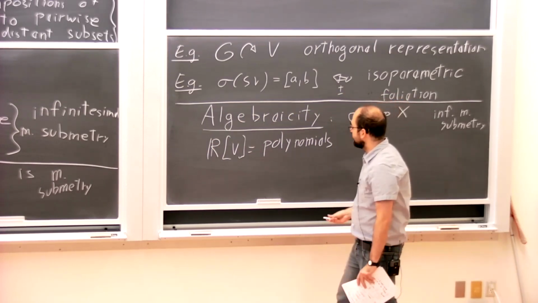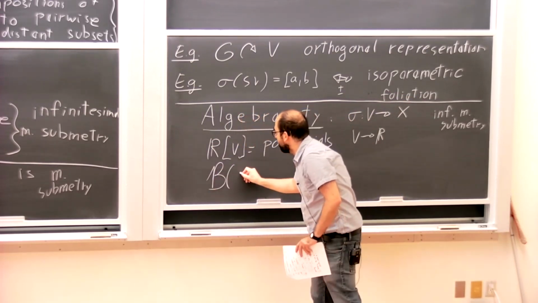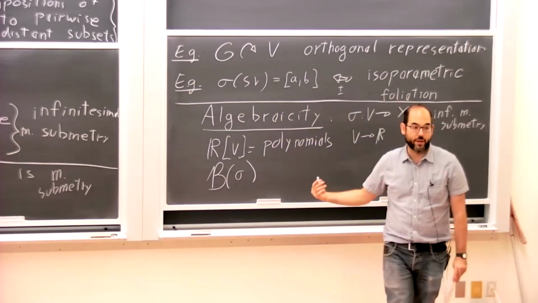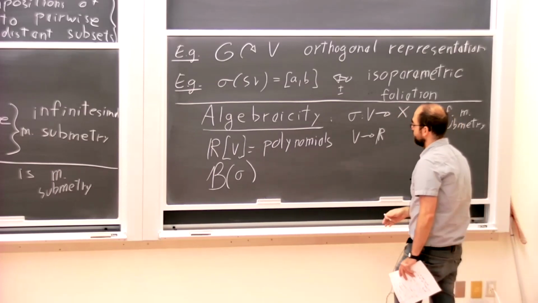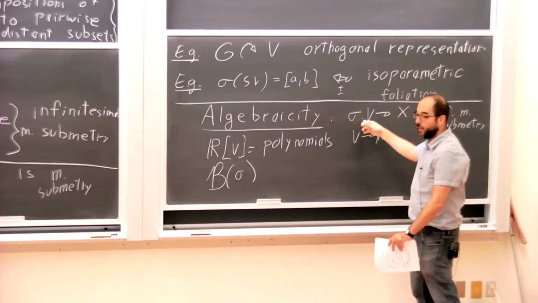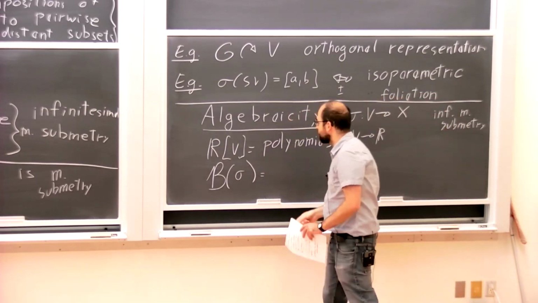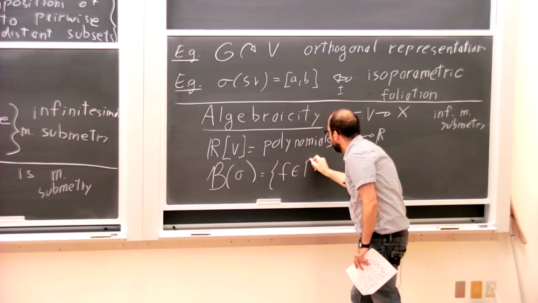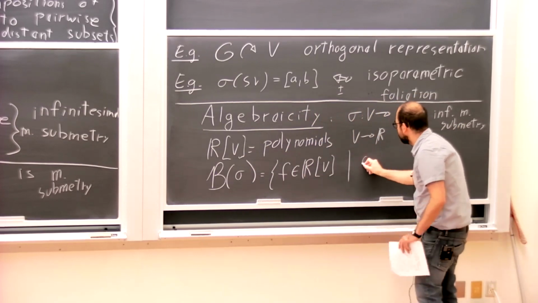And let's consider the subalgebra, which we're going to call B(sigma), of all the polynomials that are basic, in the sense that they are constant on the leaves, that is, constant on the fibers of this map. So this is all the polynomials that are constant on the fibers.